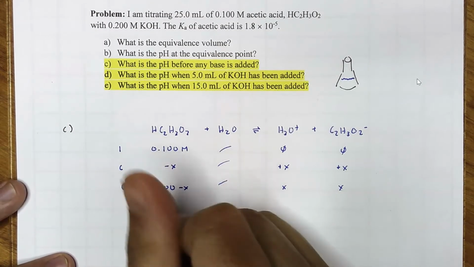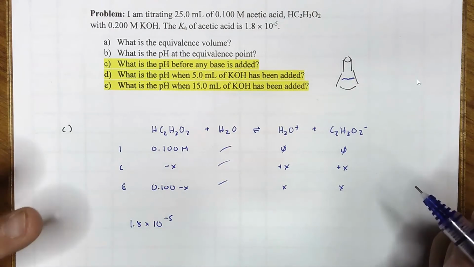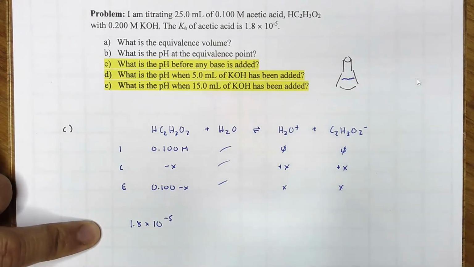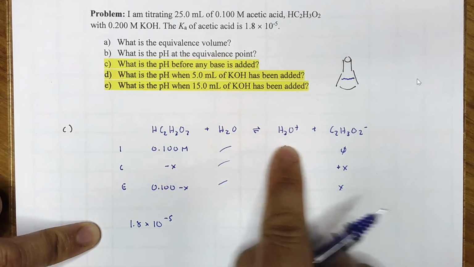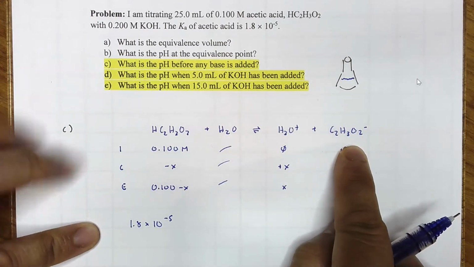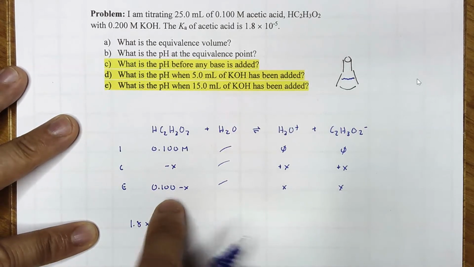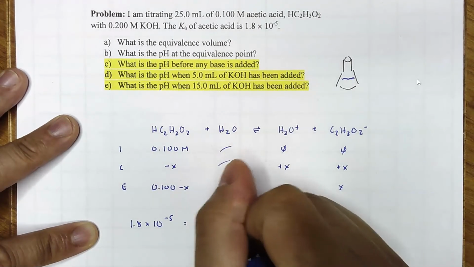If you still need a lot more practice, go ahead and write out the Ka expression: Ka equals the concentration of H3O+ times the concentration of the conjugate base divided by the concentration of the acid. But I'll just plug in the x's right now.